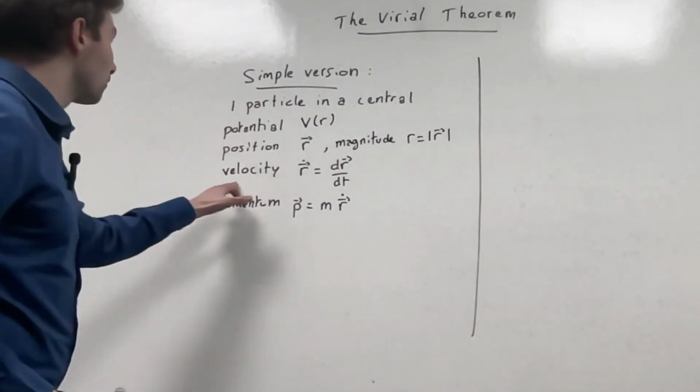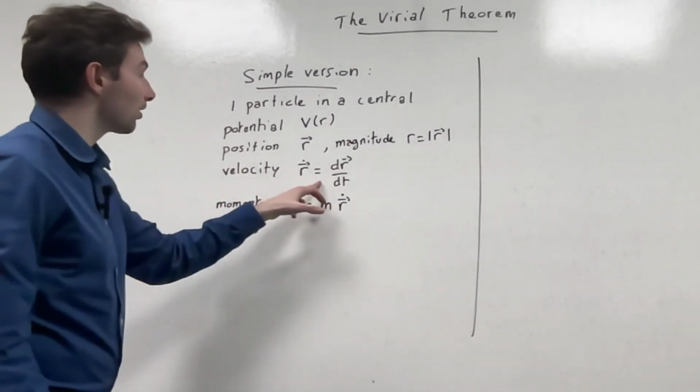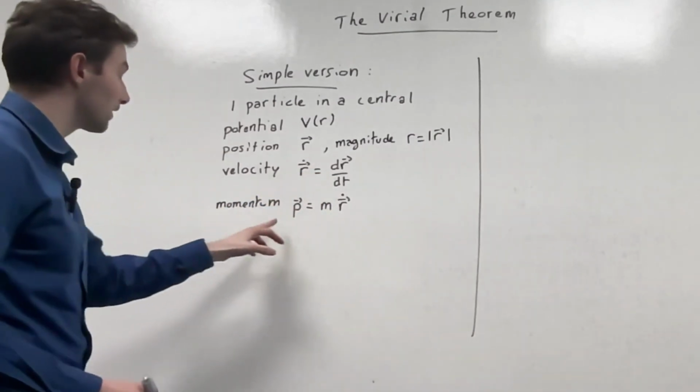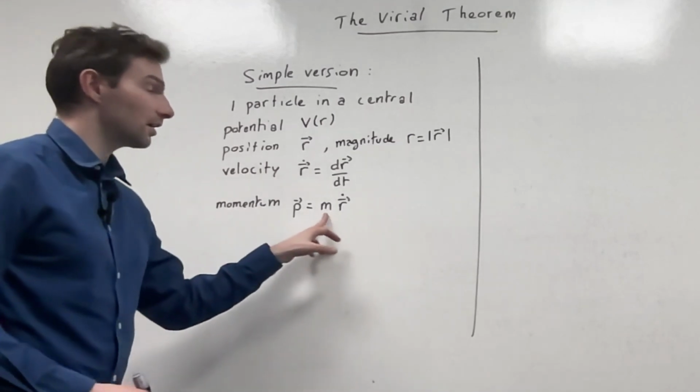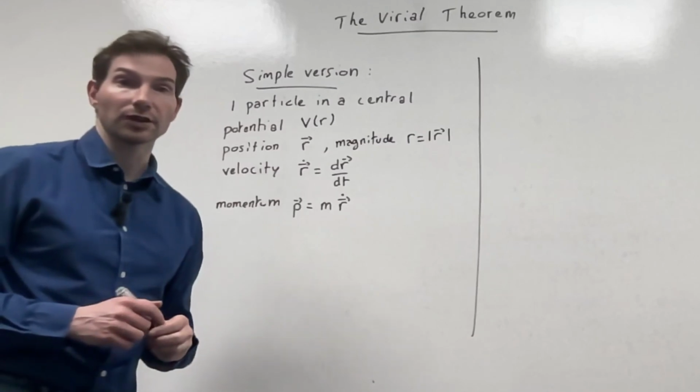Now the velocity, I'm going to denote r dot, so this is dr over dt, the instantaneous velocity, and then the momentum is simply m times r dot. That's a traditional notation.